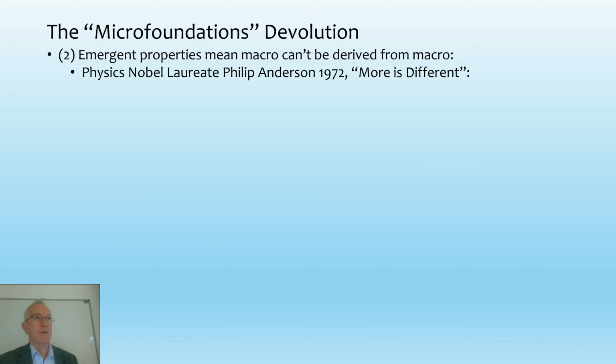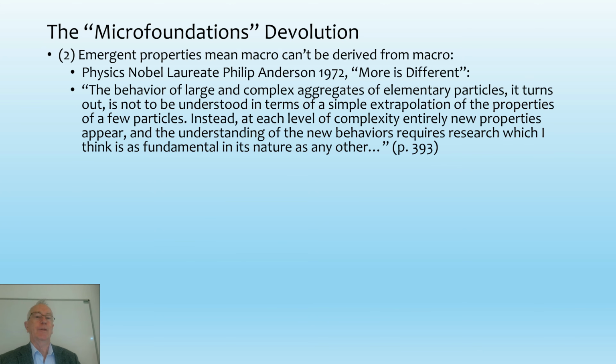But even if that wasn't the case, what physicists have come to realise over time, going back 50 years, in this paper virtually half a century ago, is that you can't derive a high level of analysis from a lower level. We've been schooled in a reductionist approach to science, to say we can understand a complex problem by breaking it down to its constituents. That's often what we do.